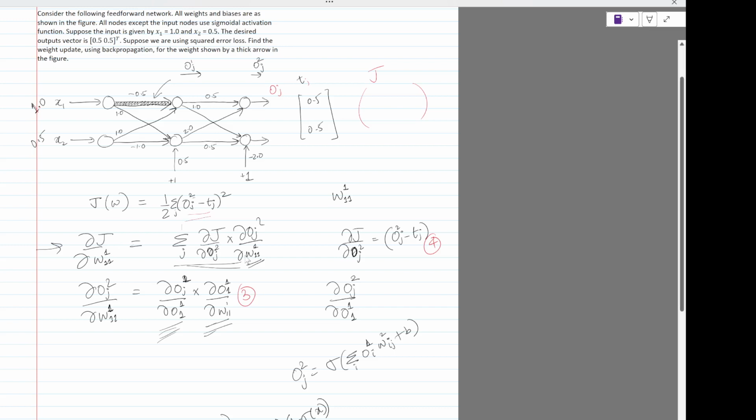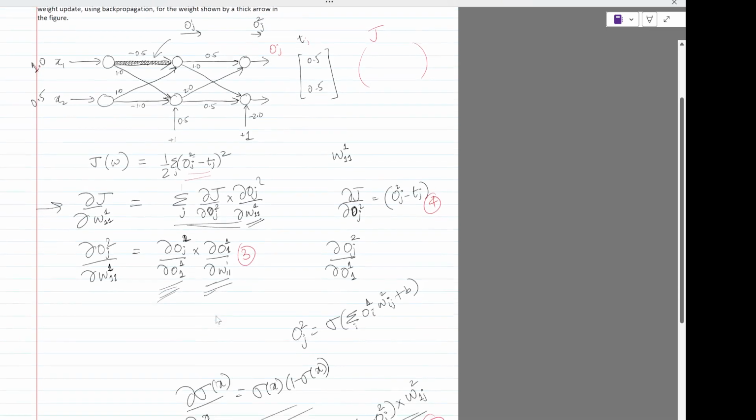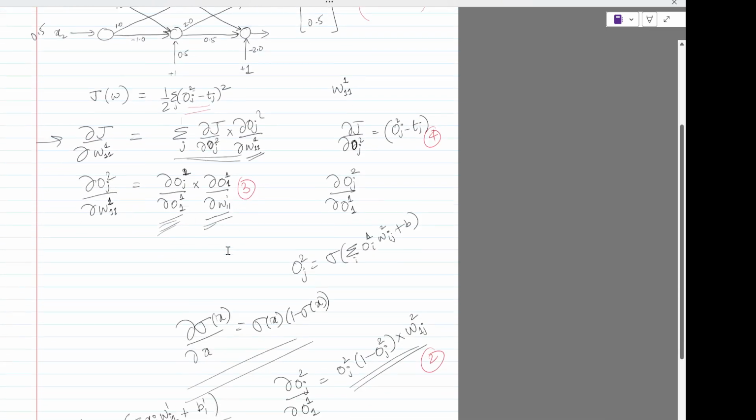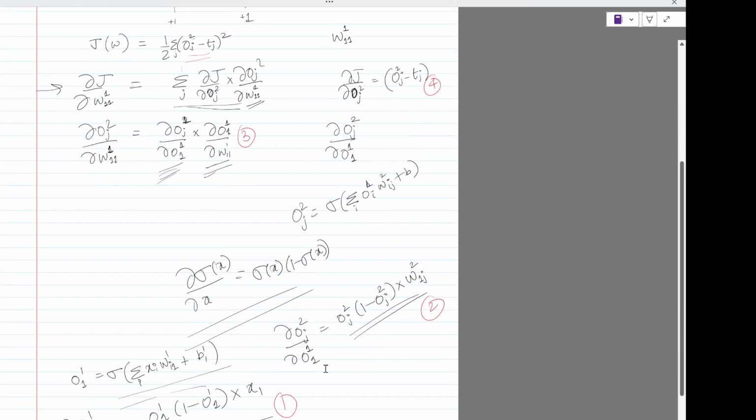You apply the chain rule, you get this into this, or summation over j. This again, by chain rule, you can split into this, and these can be computed directly.